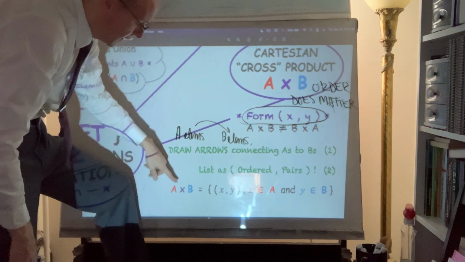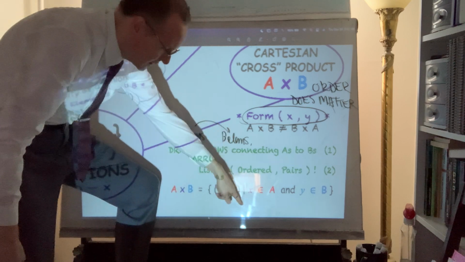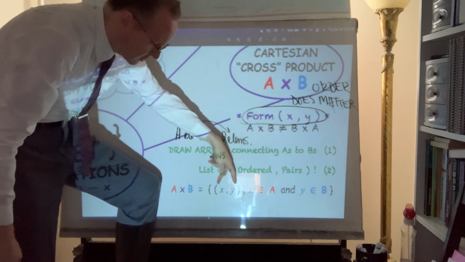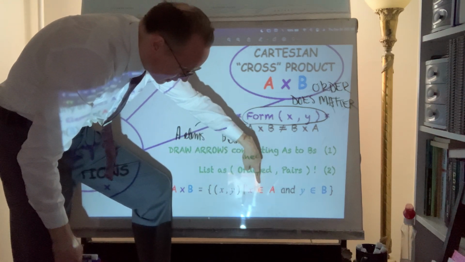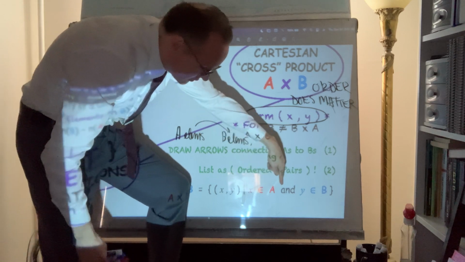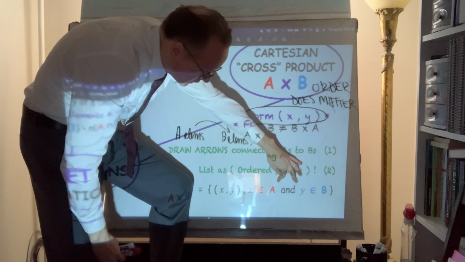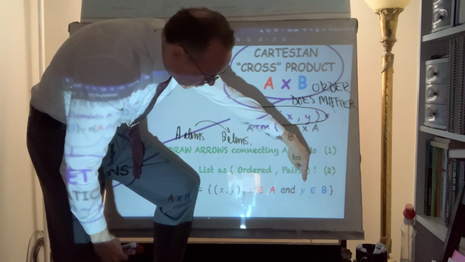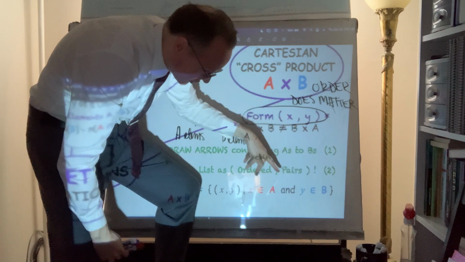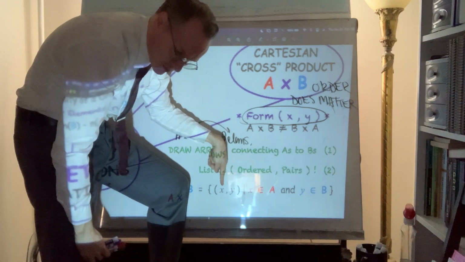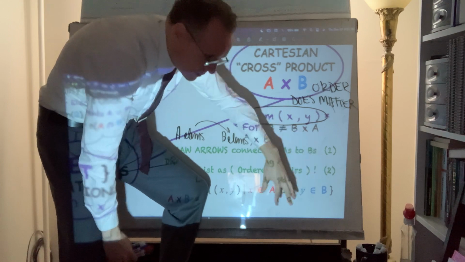How would you read this? The cross product of A, B is the set of all ordered pairs x comma y, such that x comes from the elements of A, and again, the context is not important about intersection really, even if it does work out. y is taken from elements of B. So you're going to get your x portion of the thing that's written in front, specifically from the A's, and you're going to get the y's specifically from the B's.